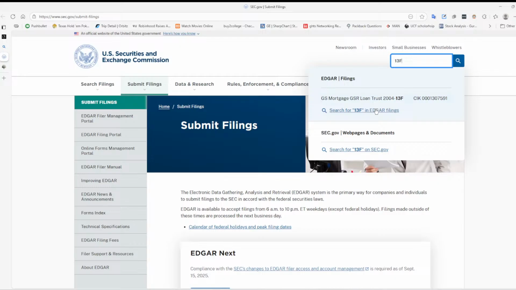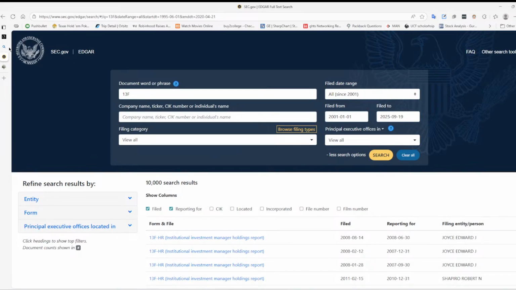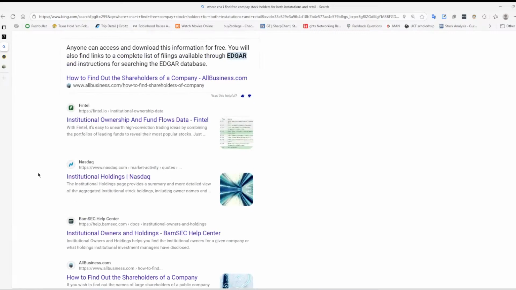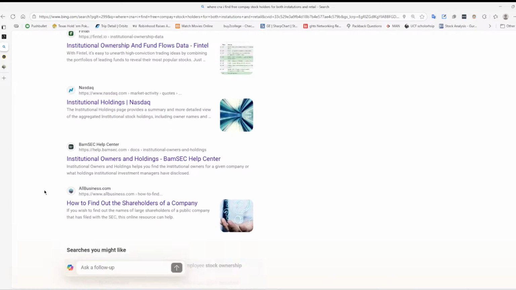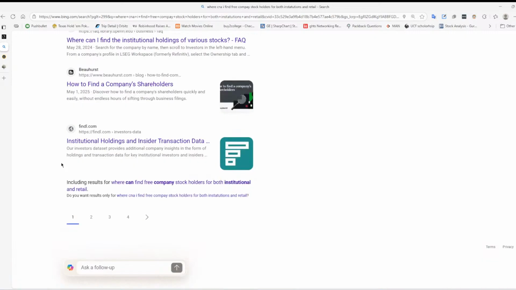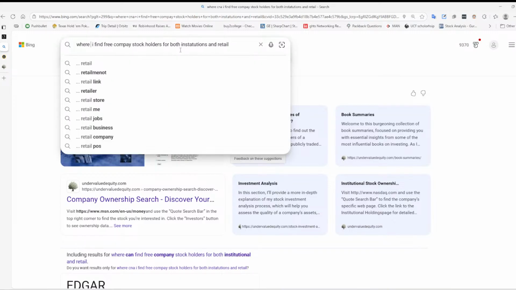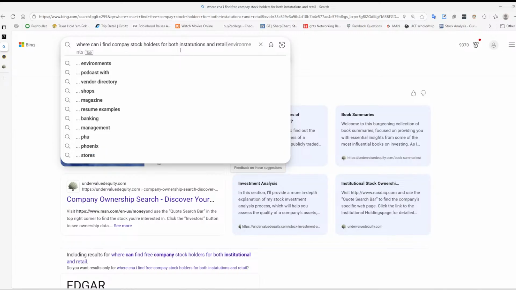But there is a repository that is kept for free on GitHub. Where can I find company stockholders for both institution? GitHub.